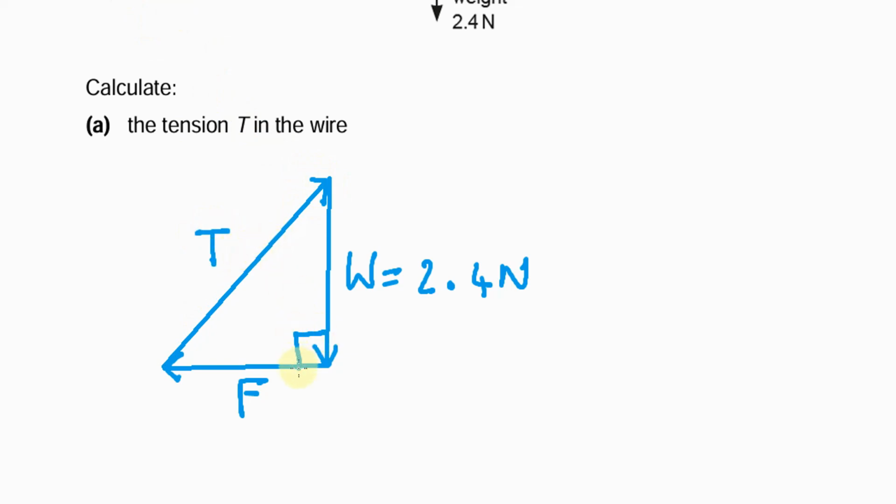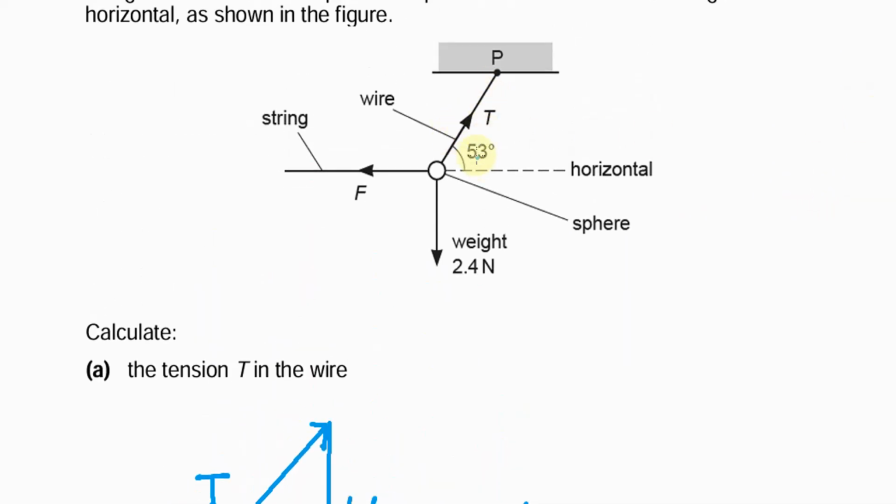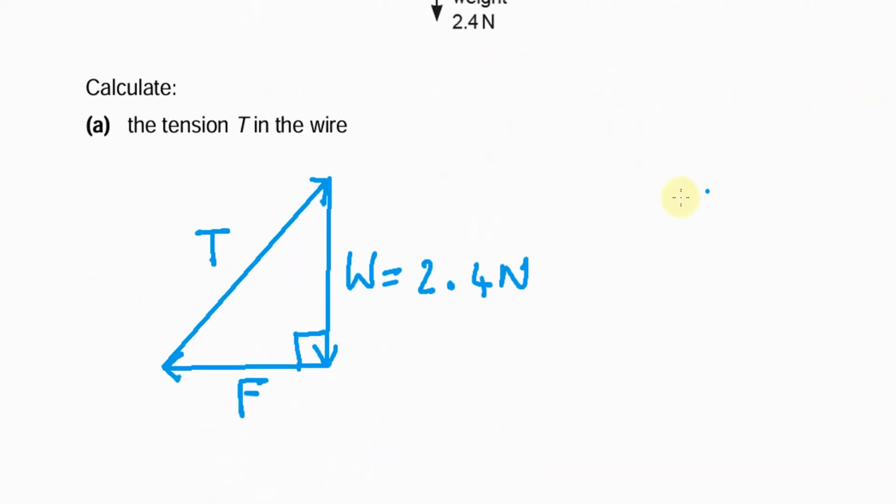So a closed vector diagram with vectors drawn head to tail. This, of course, is 90 degrees. Then T makes an angle of 53 degrees with the horizontal. So this angle here will be 53 degrees. We can use basic trig to find the tension now. We know that W over T is sine 53.